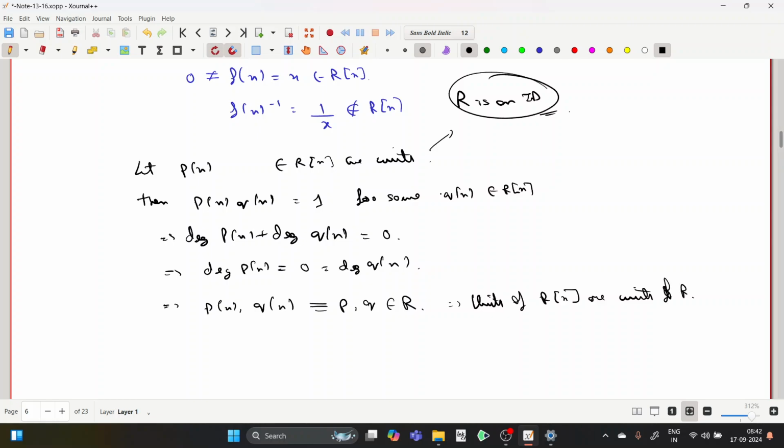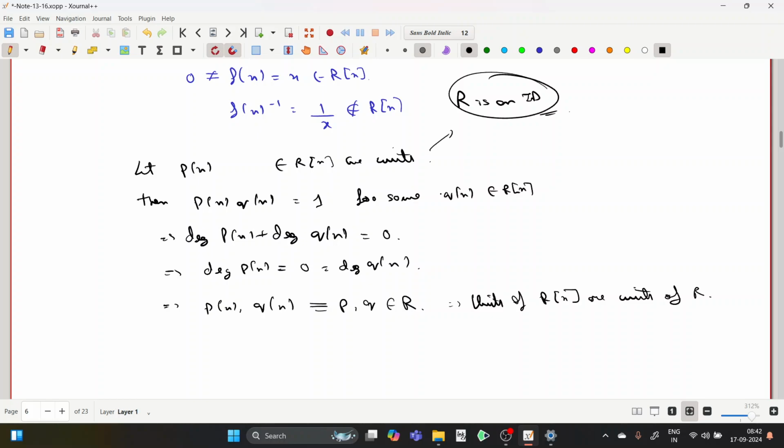In fact, we can also say the converse, but that's an obvious statement. If you start with units of R, suppose a is a unit in R, then you can consider a to be the constant polynomial p(x) equal to a. And when a is a unit in R, there exists some element b such that ab equals 1.